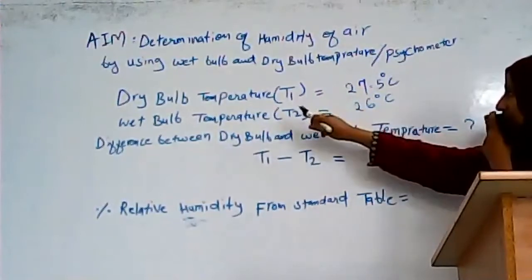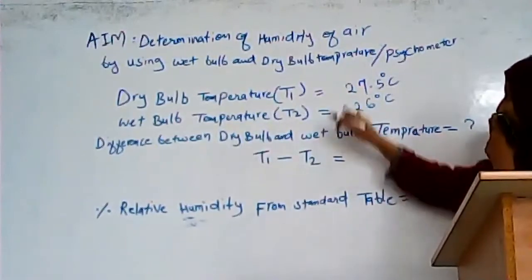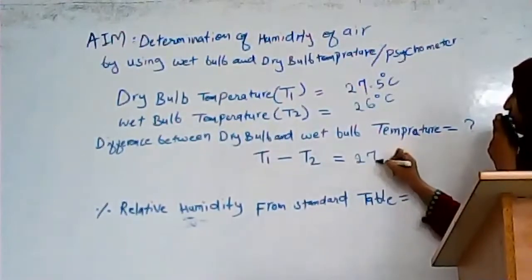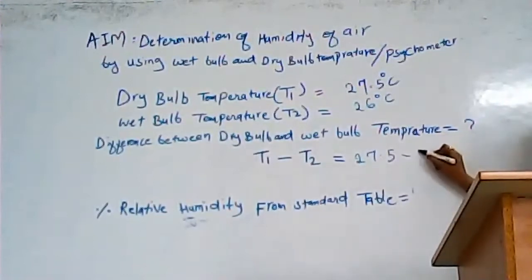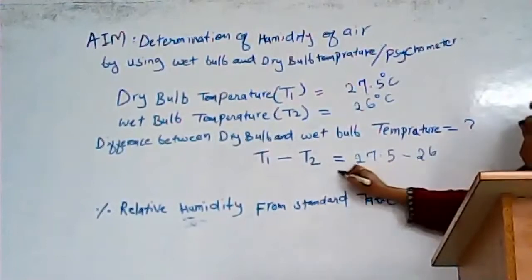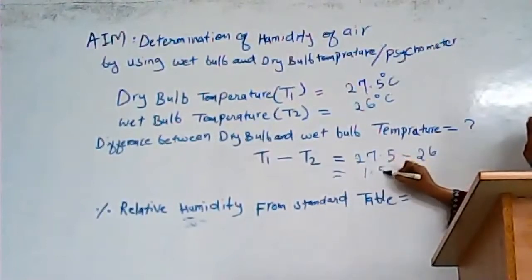We are denoting dry bulb as T1 and wet bulb as T2. So T1 is 27.5 minus 26. You will get a reading of 1.5.